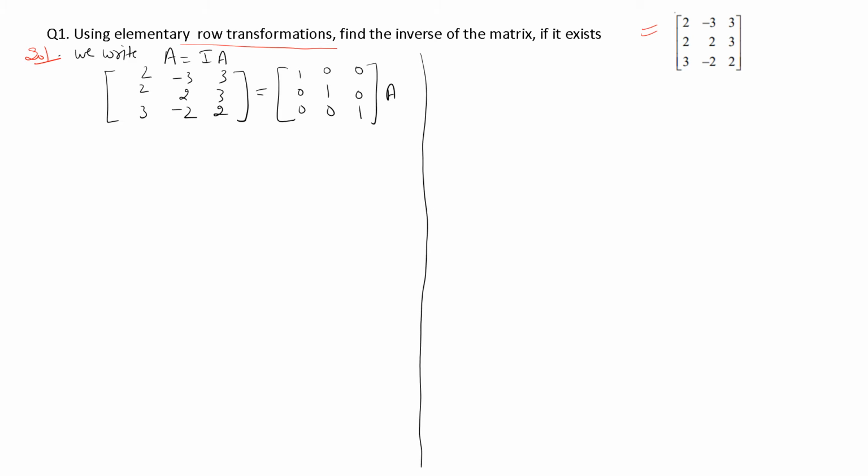Now I need to apply my row transformations, row wise, row 1, row 2, row 3, keeping in mind that this side reduces to I, and definitely the same operation will be applied this side, so some matrix will appear here instead of this identity matrix, right? And that will be called as your A inverse, and this A is as it is, okay?